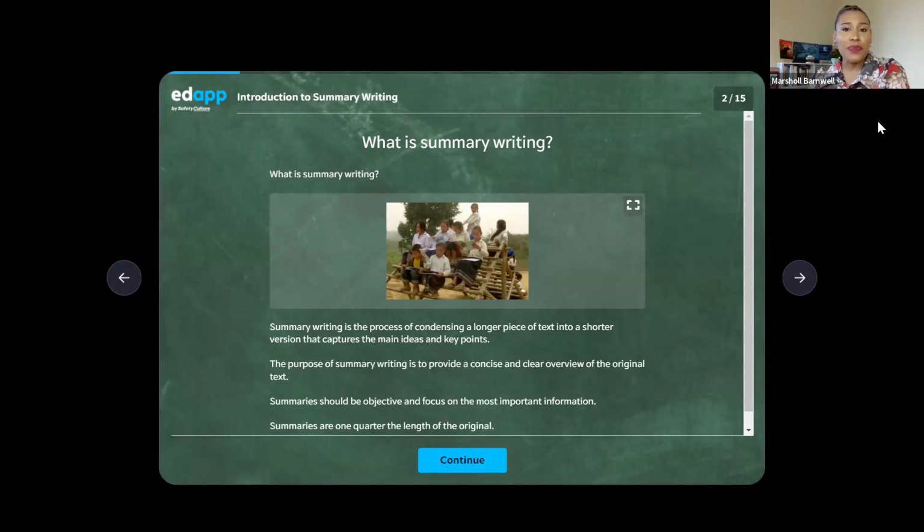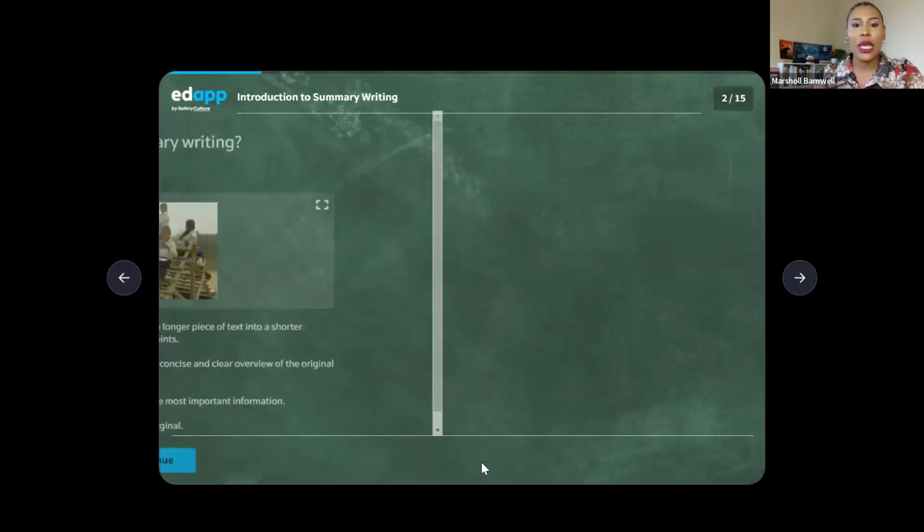But with a summary, we're not interested in effecting any sort of emotion, or we're not trying to affect anything other than direct information. So we do not need those extra writing techniques that are used for different effects. Let's continue.